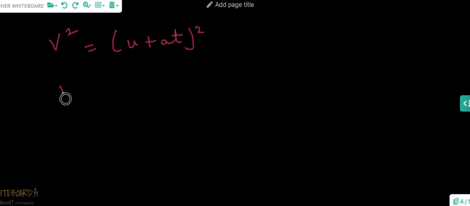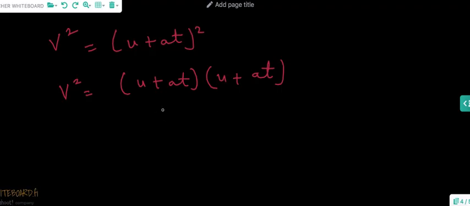When you open your bracket, you have v square equals u plus at against u plus at. Multiplying u times u gives you u square. U times at gives you uat.